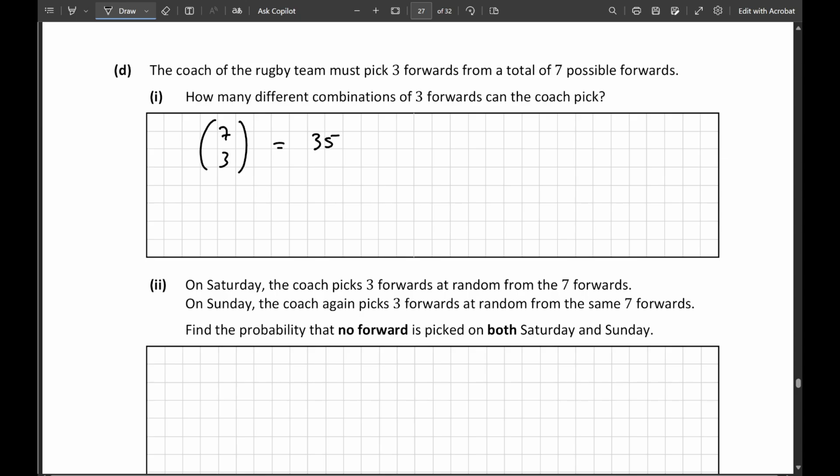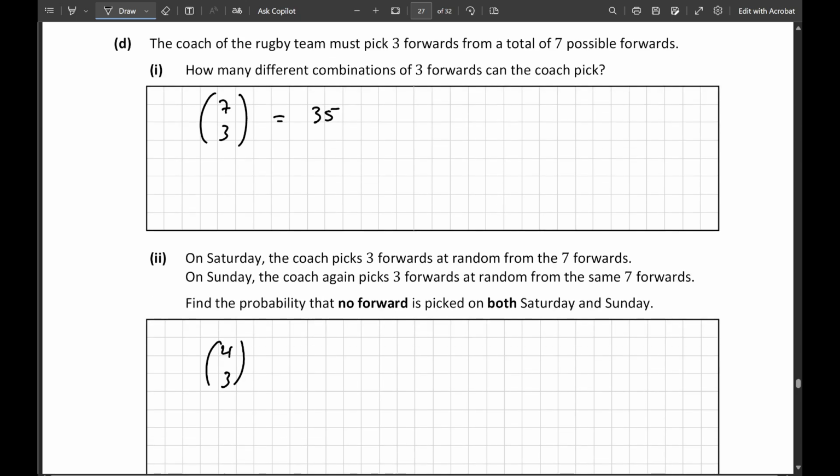So the total number of possible forwards they can pick on the second day is 4 choose 3 out of 7 choose 3. Does that even make sense?